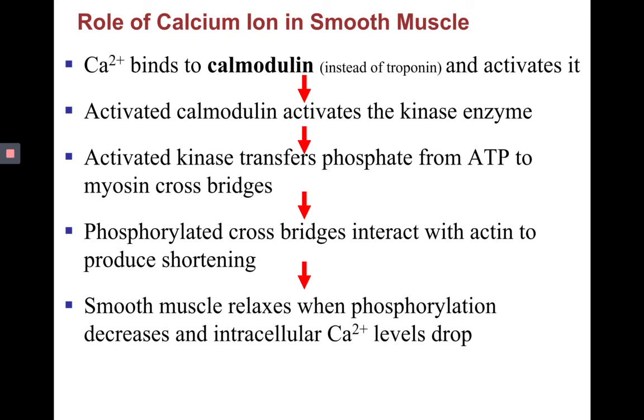And then the phosphorylated cross bridges are able to interact and produce that sliding filament mechanism where we see greater overlap of actin and myosin, therefore contraction of the smooth muscle. And then it'll relax when phosphorylation decreases and the intracellular calcium levels drop. Some of that calcium will be pumped out of the cell and some of it back into the sarcoplasmic reticulum.